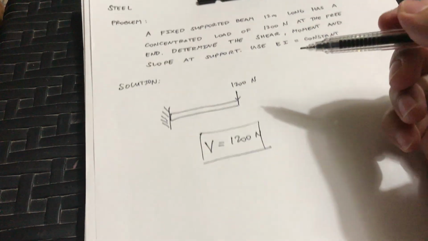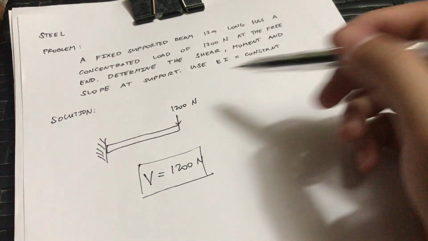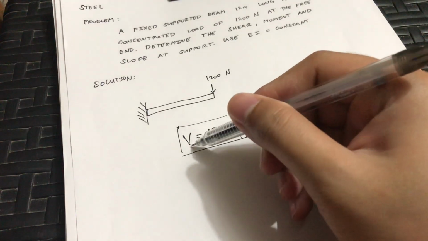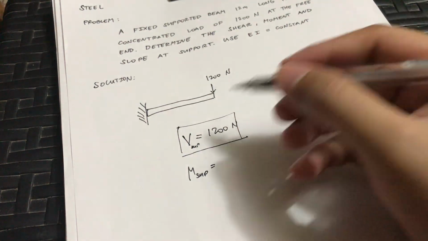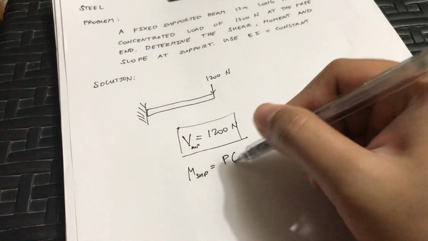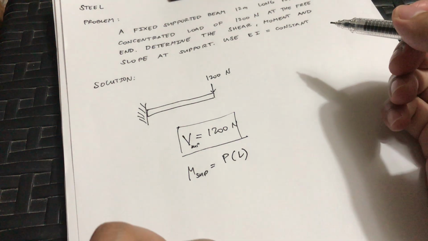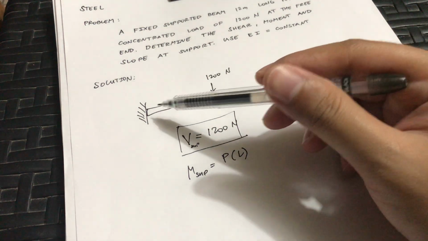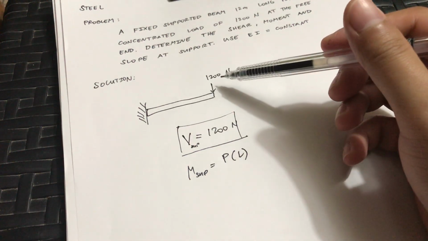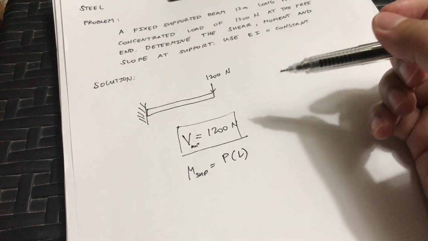Okay. Next, moment at the support. This is the support. For the moment at the support, that is simply the load times the length. Of course, this formula is only applicable to a fixed supported beam and a concentrated load located at the end.